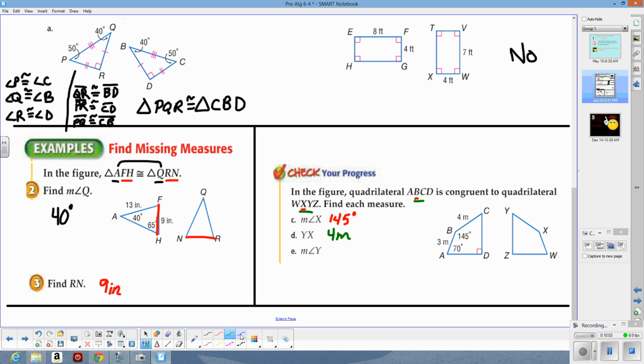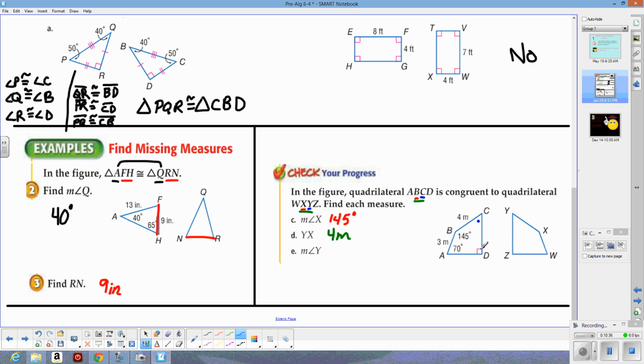And the last one is the measurement of angle Y. Well, Y is the third one, so it's going to match up with the third one in this quadrilateral, which is C. So now if I look at this, uh-oh, we don't know C, but we can figure this out based on information we learned earlier in this chapter. Quadrilaterals have an angle sum that always adds up to 360 degrees.